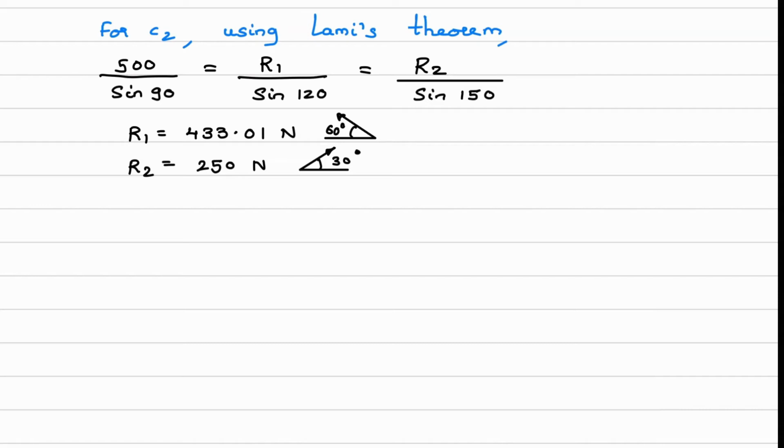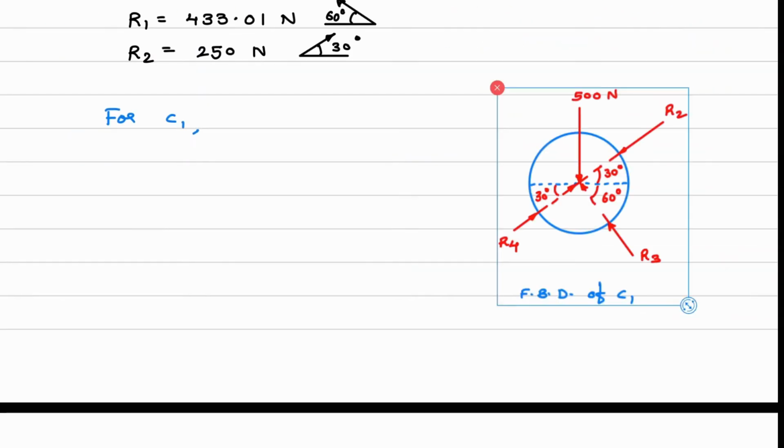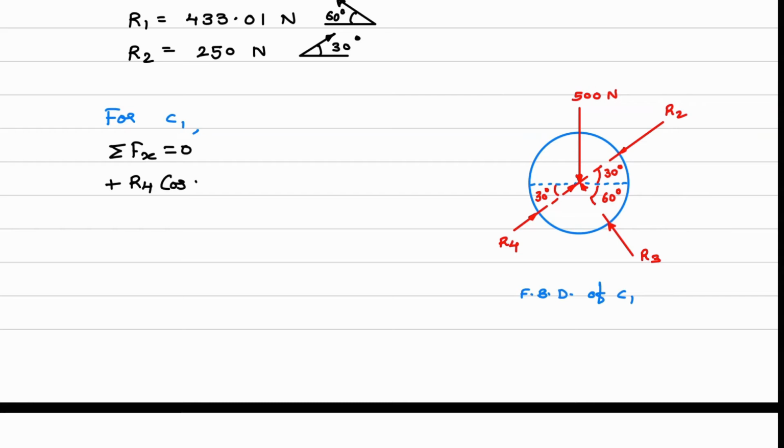Now after completing cylinder 2, we will go for cylinder 1. So for C1, we have to write down the conditions of equilibrium. I'll bring the diagram on the bottom side. Now summation of Fx is equal to 0. First force, if you consider R4, this is towards right, so it will be plus R4 cos 30.